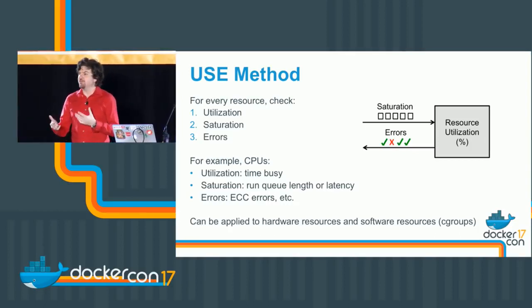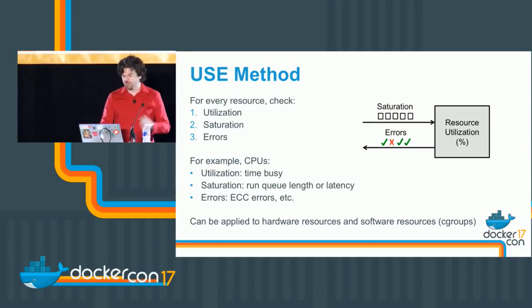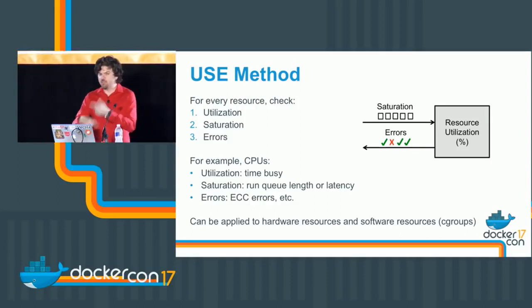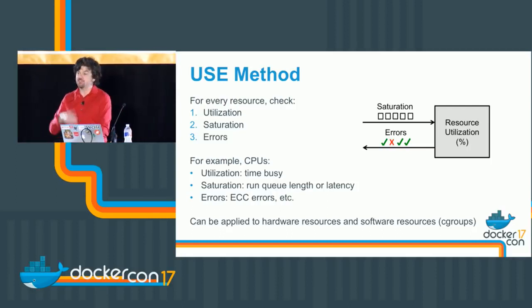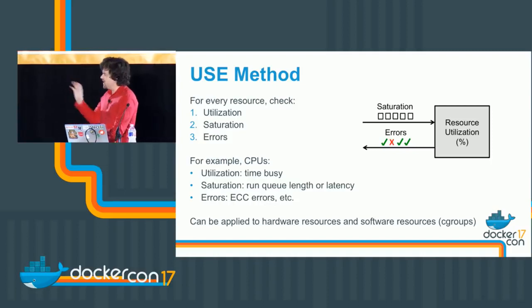Well, I'd measure it if I was getting blocked and I had run queue latency because I'm waiting on my turn on CPU because other tenants were busy. So you can see you can go through all of the cgroups, and the cgroups may change quite a bit with version 2, but come up with metrics that make sense.